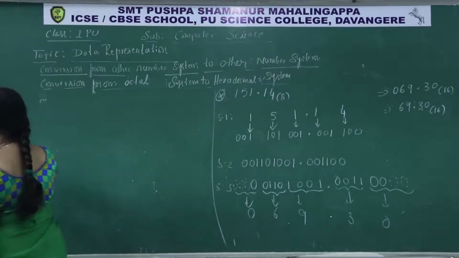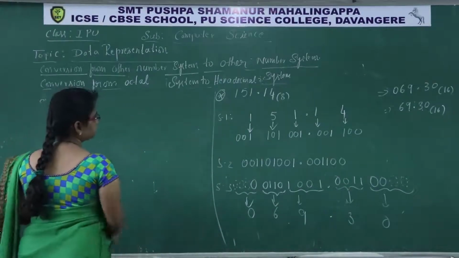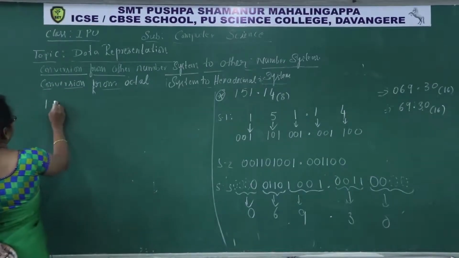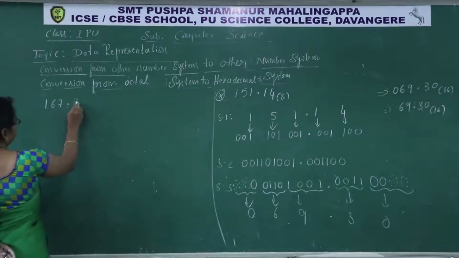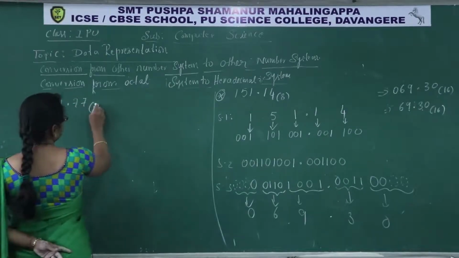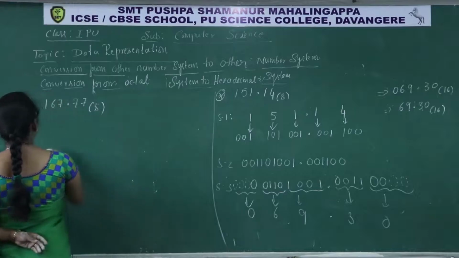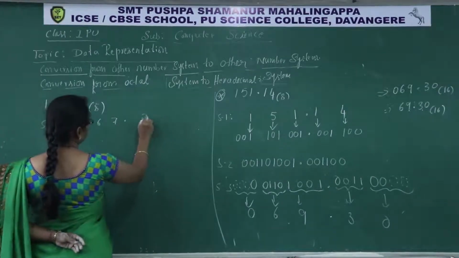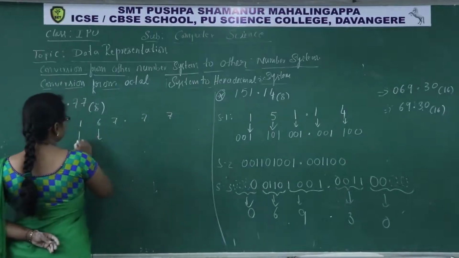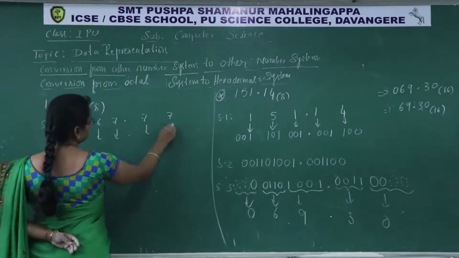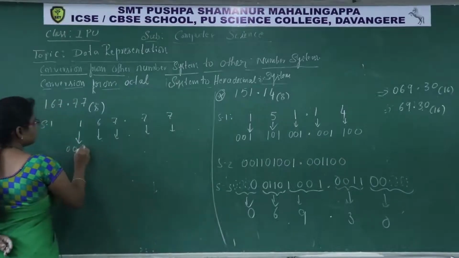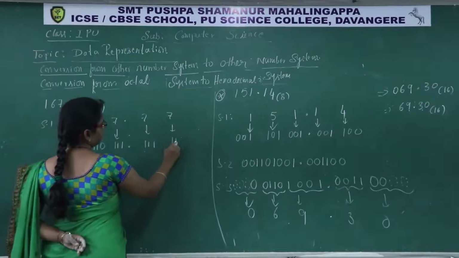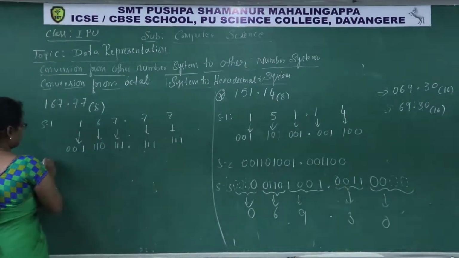Next question. 167.77 base 8. Now step 1, the 3-bit binary representation: 001, 110, 111.111, 111. Next, step 2.